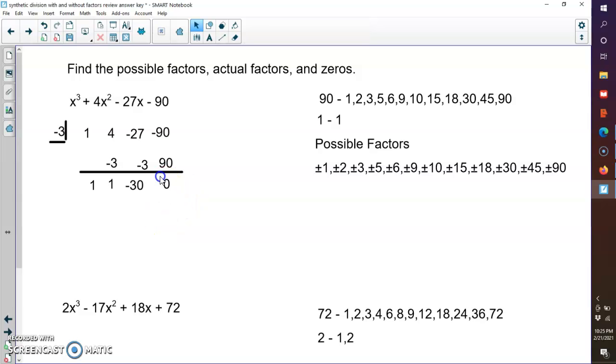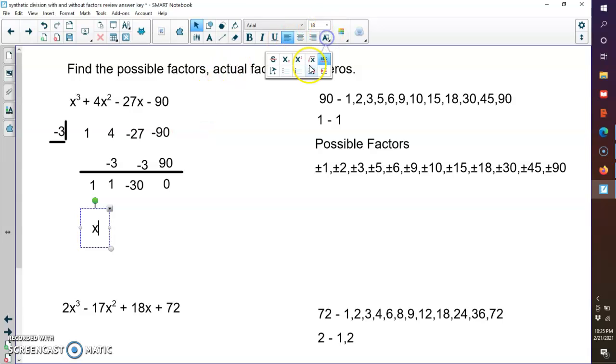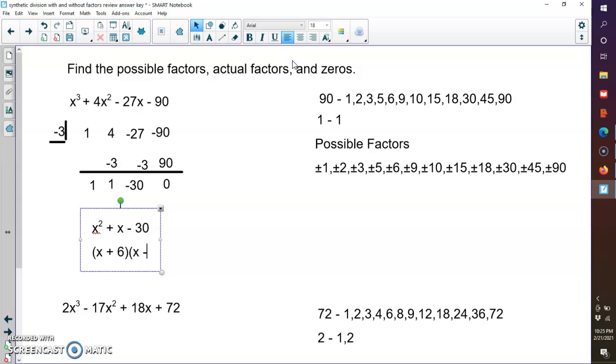So once I hit my 0, now I'm going to factor x squared plus x minus 30. And that factors to x plus 6, x minus 5. And we do have to include the factor from the negative 3 in the box, which is x plus 3.